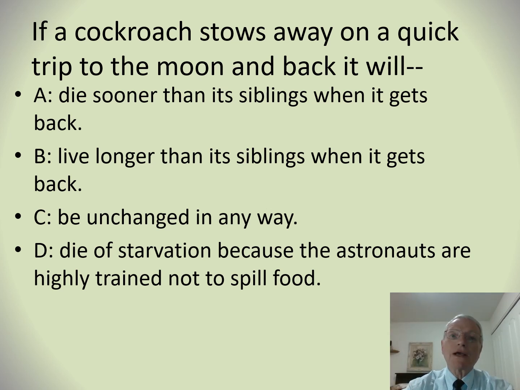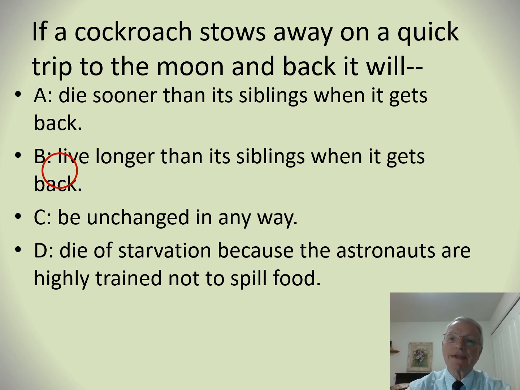If a cockroach stows away on a quick trip to the moon and back, it will, which one of these? Best scientific answer. It will live longer than its siblings because it's younger when it gets back.